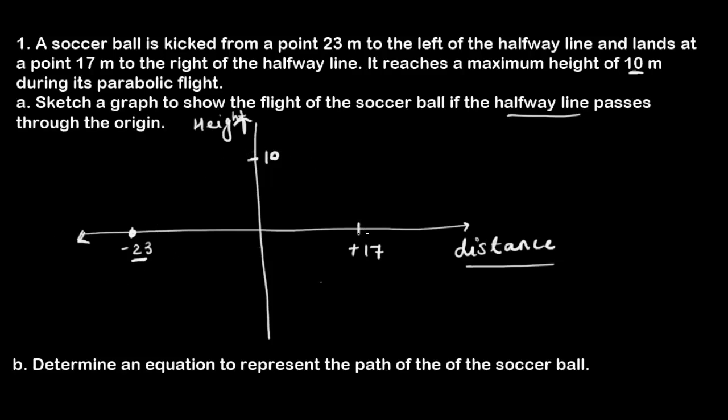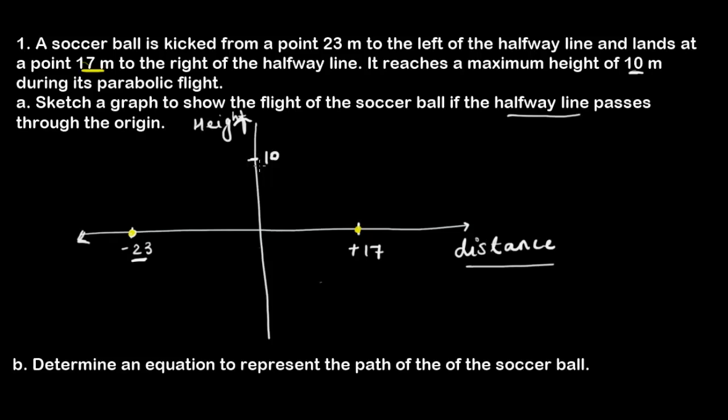And when it lands at a point 17 meters to the right of the halfway line, it is again on the ground. So these two represent the x-intercepts or zeros or roots of the parabola that the soccer ball is going to follow.